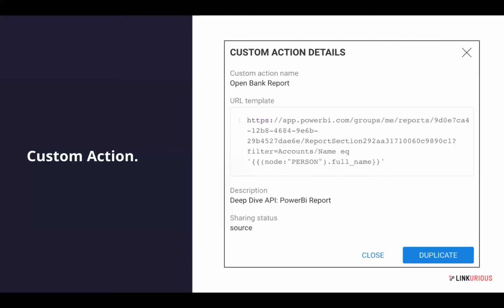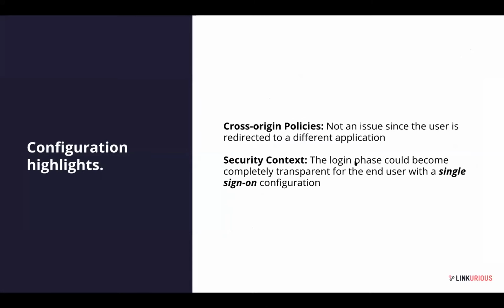For a different system, you can use the same concept. If you're using QlikView or Tableau or another tool, you will surely have a different URL and a different way to encode the parameters in the URL, but you will be able to use the same syntax to pass the specific parameter, getting this information from the selected node. Very quickly, some configuration highlights.